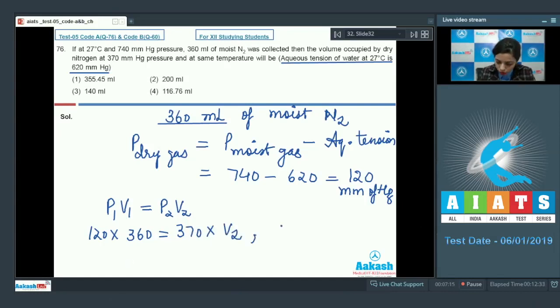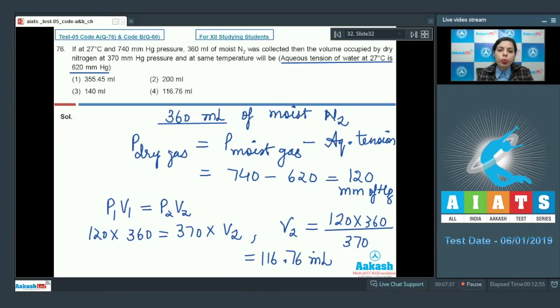So what would be the volume in this case? V2 should be equal to 120 into 360 divided by 370. And if you solve this, you will get 116.76 ml. This would be the volume. And if this is the volume, the correct answer is option 4.